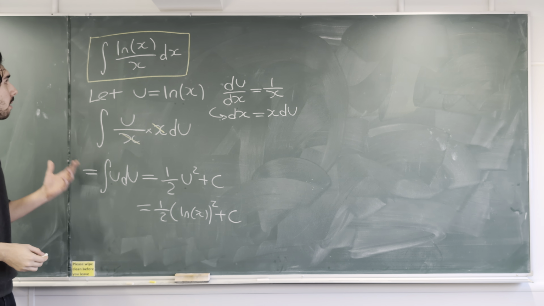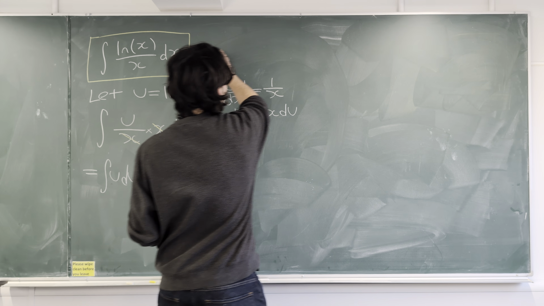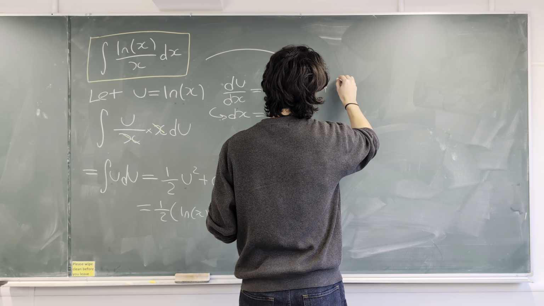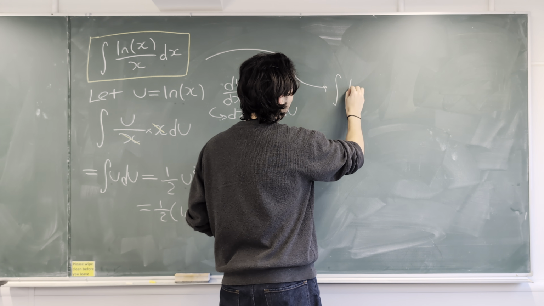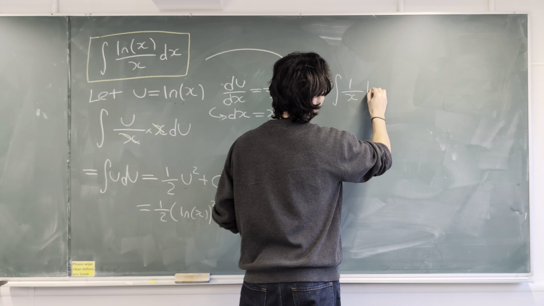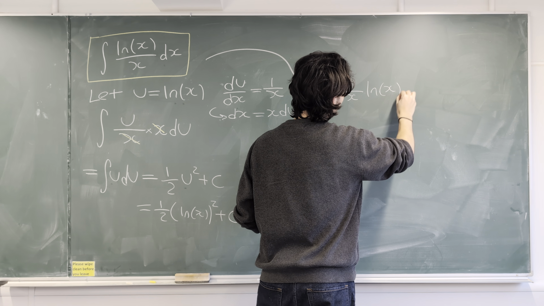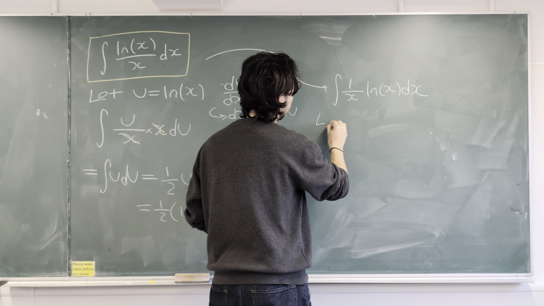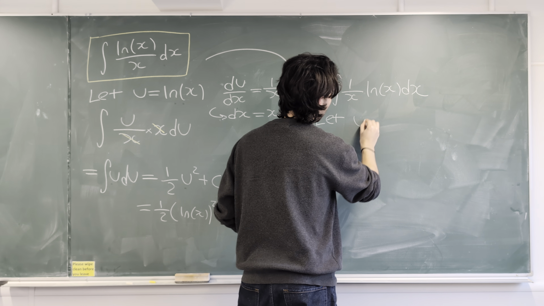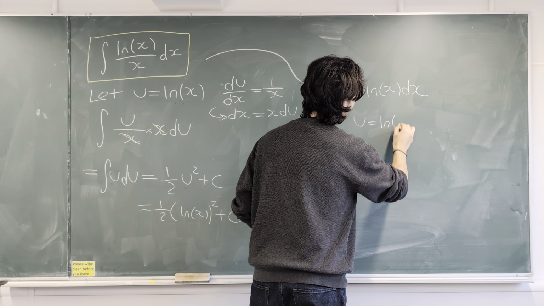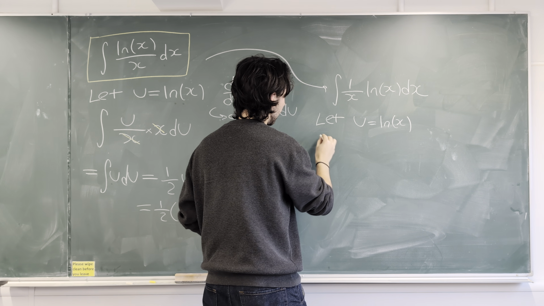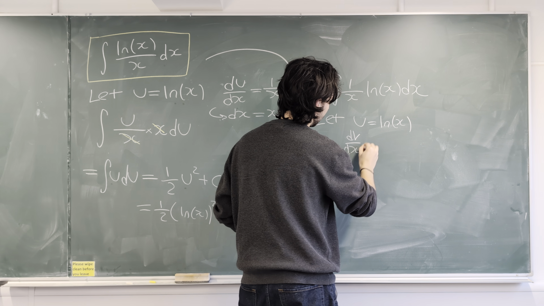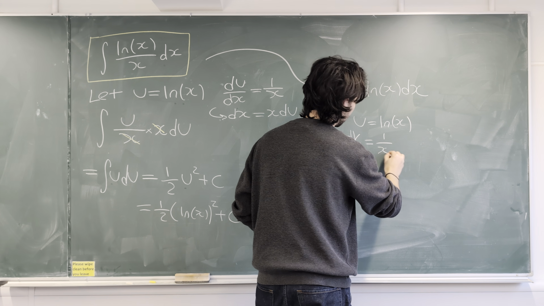So if you do this by parts, then it would look like this, I suppose. We would have to write it as 1 over x times the natural log of x in order to use integration by parts. And it would probably be best to let u equal the natural log of x and dv/dx should be 1 over x.